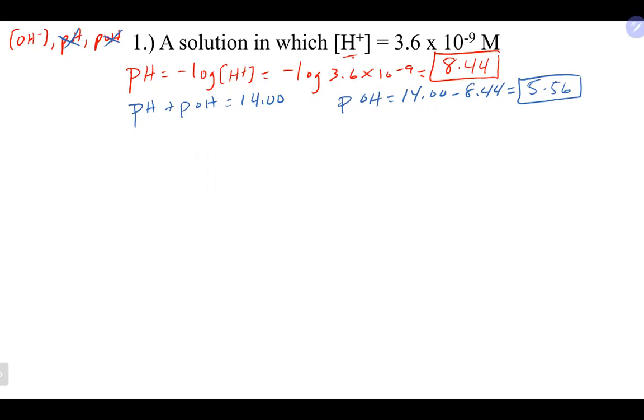Now we are also looking for the OH minus concentration. So once again, you could use KW like we did previously to get it. I'm going to use the other method that we just talked about, which is to use our pOH value. So to use the pOH value, the OH minus will equal the inverse log of the minus pOH.